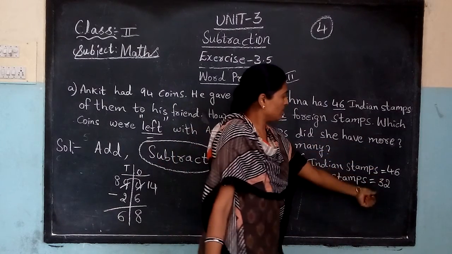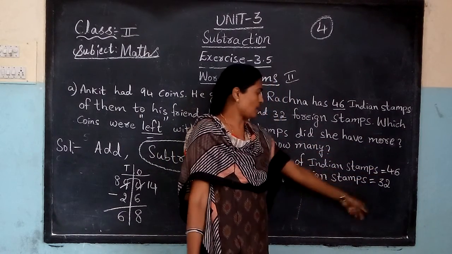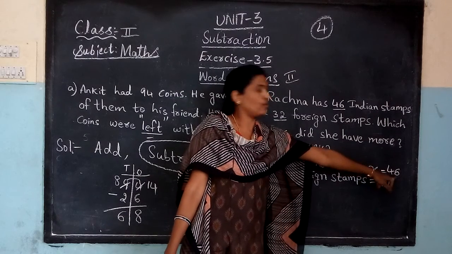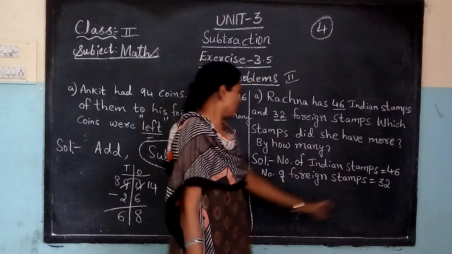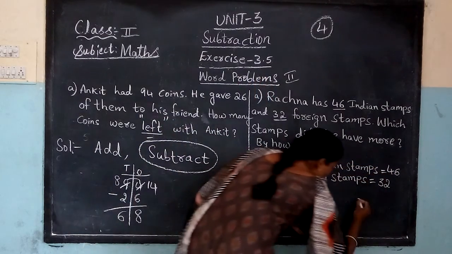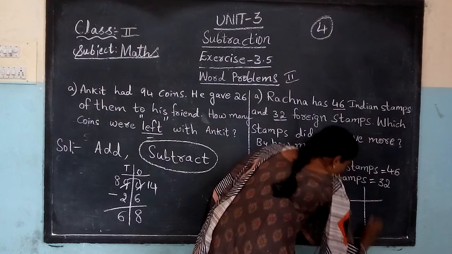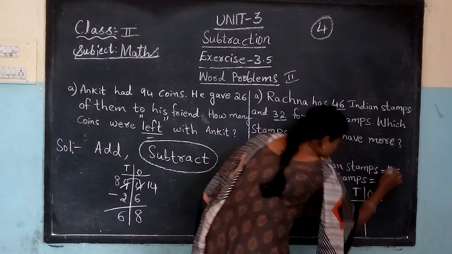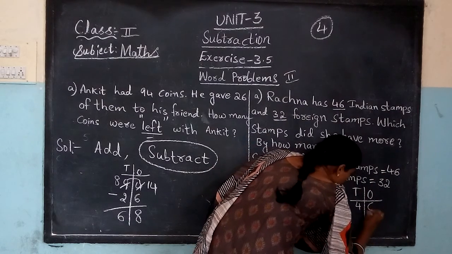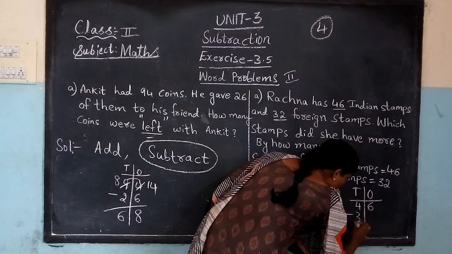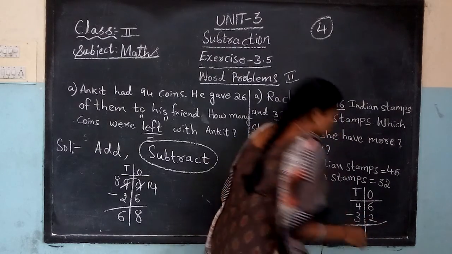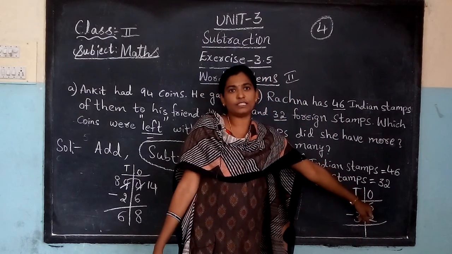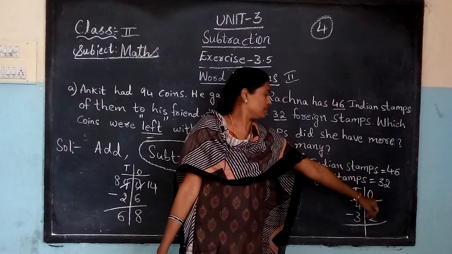Among these two, Indian stamps and foreign stamps, which did she have more? Yes, 46. Now see here what you have to do. You have to do minus. Yes, 46 minus 32. Yes. In the tens column what numbers are there? In the ones column what numbers are there?